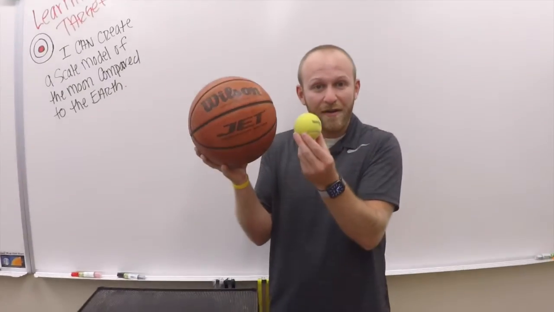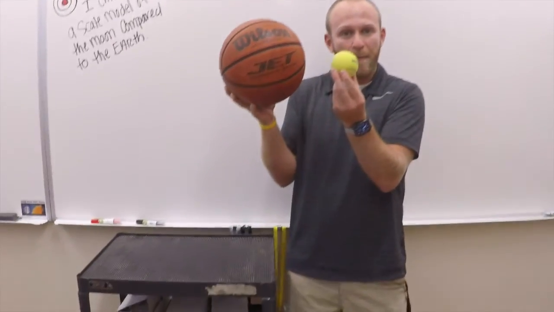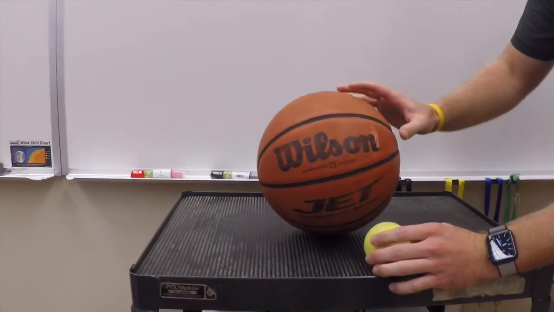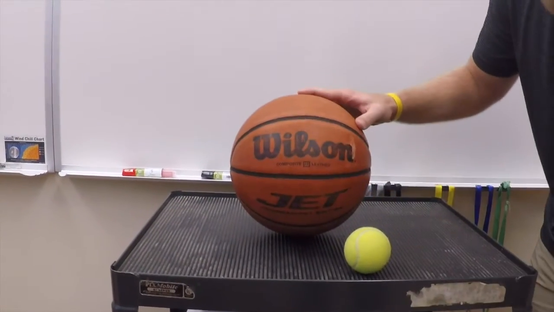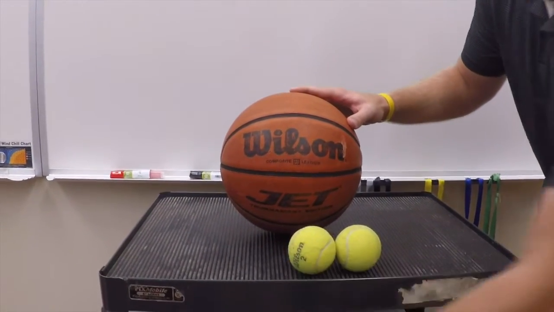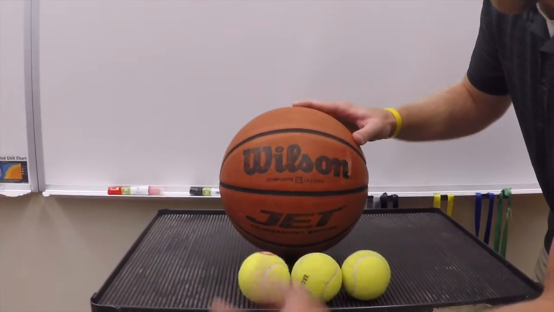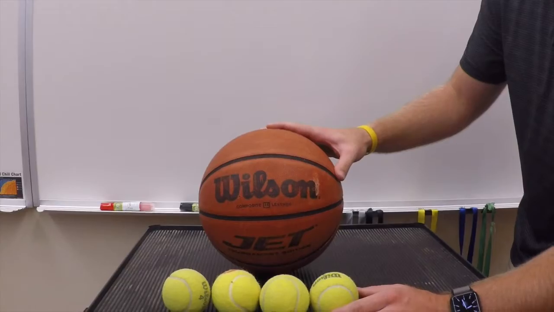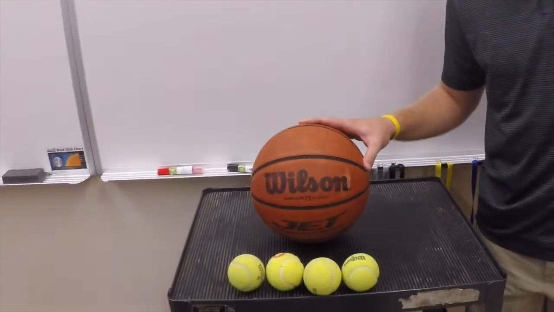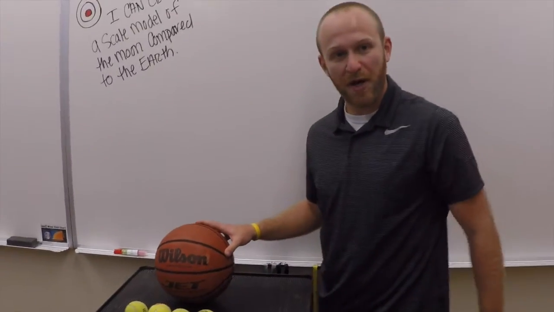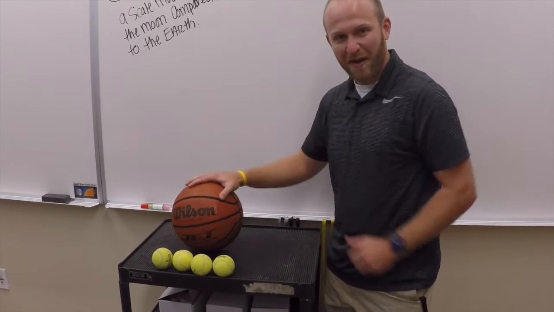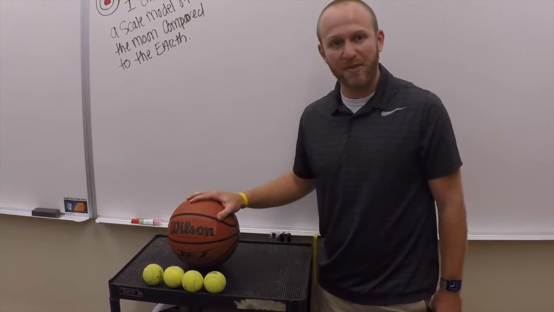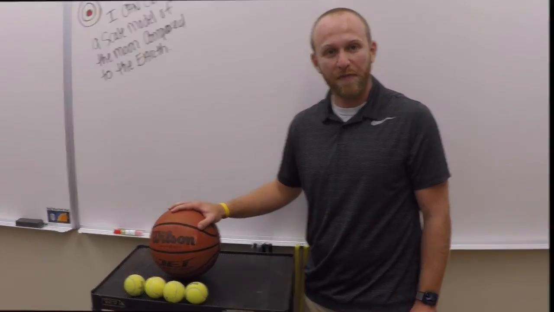And what I have here is a tennis ball, okay? If we look at this, we can fit about 4 tennis balls across this basketball, just like that. And remember, we talked about 4 moons fitting across Earth. So if we shrunk Earth down to the size of a basketball, we could use a tennis ball to represent the scale size of the moon.